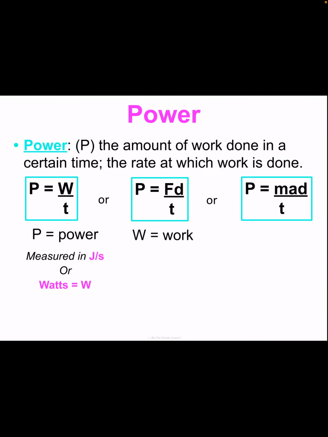Okay, W is work, as we know, and that's measured in joules. And t is time, which you would have guessed, and we're measuring that in seconds. So this time, it's a lowercase t, not a capital T like we've seen with temperature.